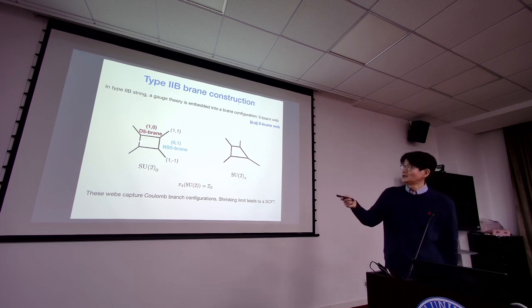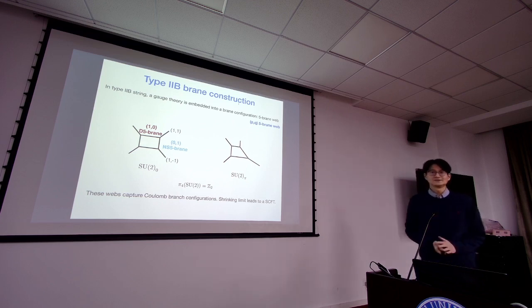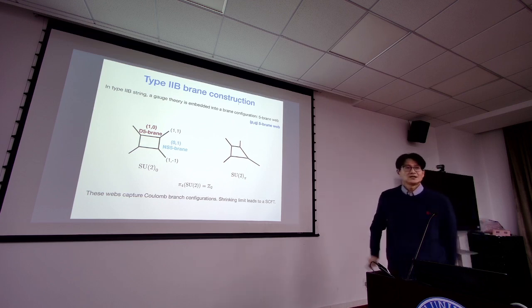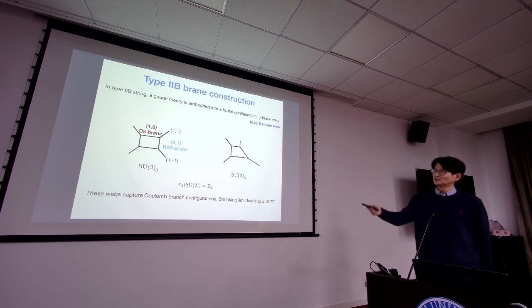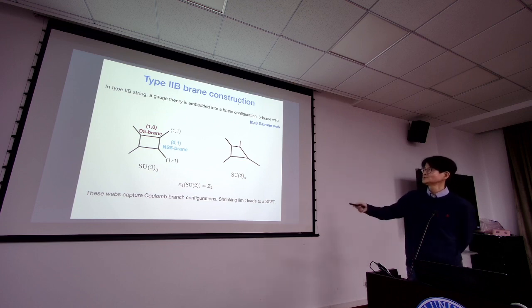On top of that, in fact, the BPS string configuration is also different, but they are perturbatively the same. In other words, their instanton configuration, or BPS states associated with the instanton partition functions, are actually different.